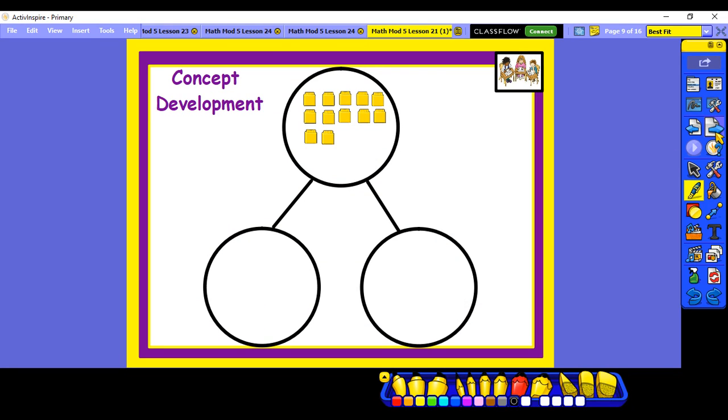Now we're going to look at our learning target about decomposing teen numbers using our number sentences and finding hidden parts. We're going to start off with a group of 12. We have 12 as our whole amount. If 12 is our whole amount, what are our 2 parts for our teen numbers?